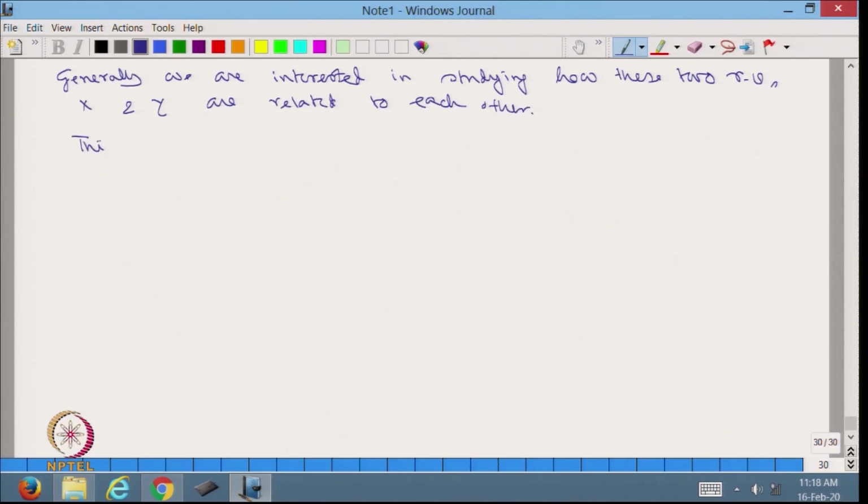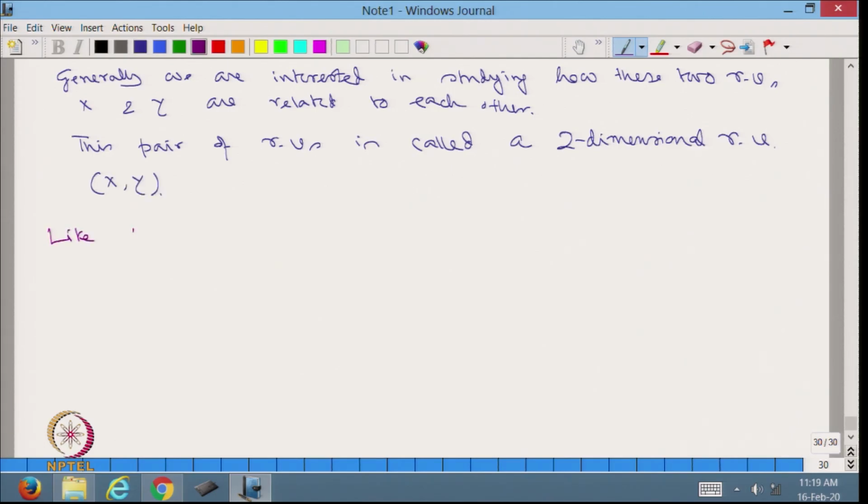This pair of random variables is called a two-dimensional random variable (x, y).